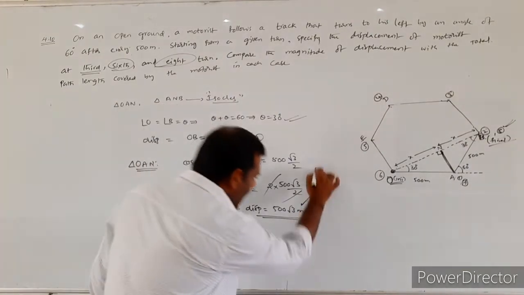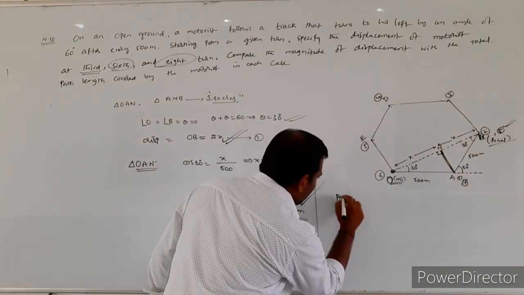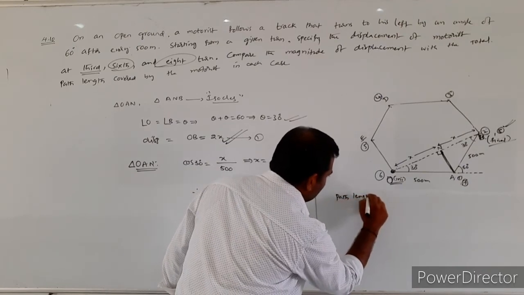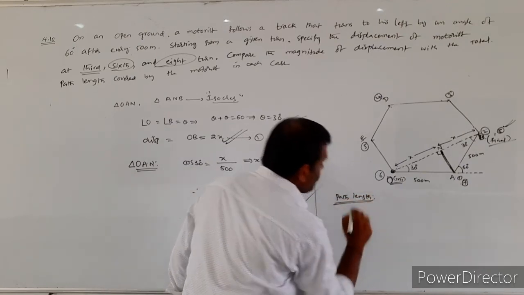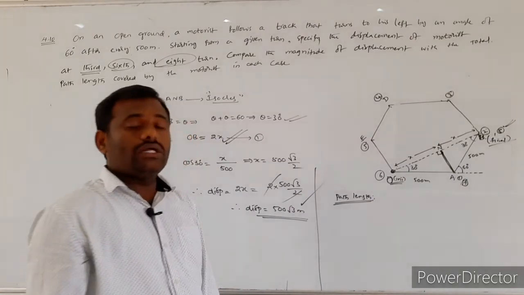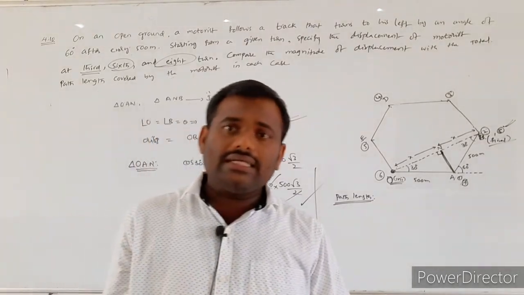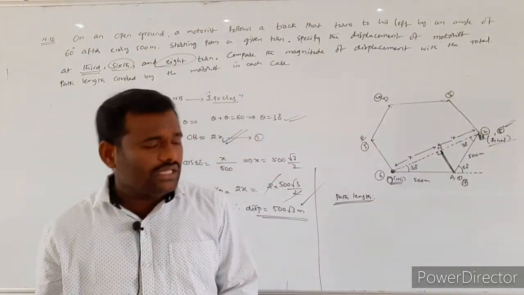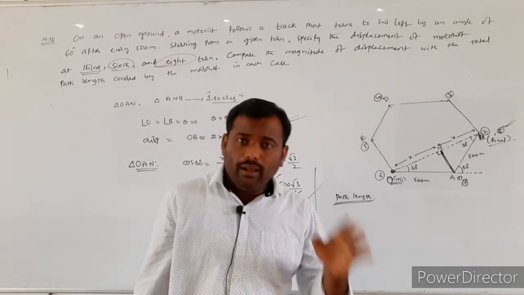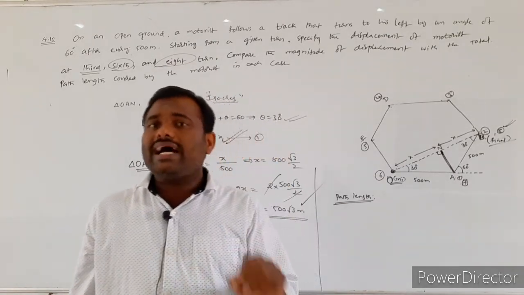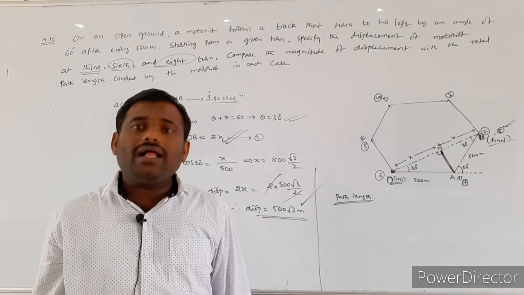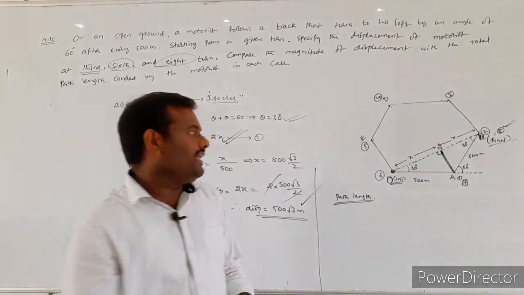Now we have to calculate the path length. Path length means the total length covered by the motorist up to the eighth turn. See carefully here.